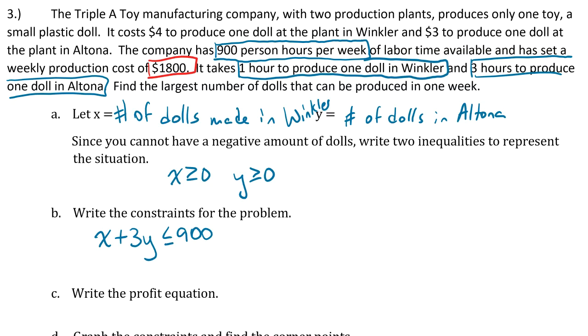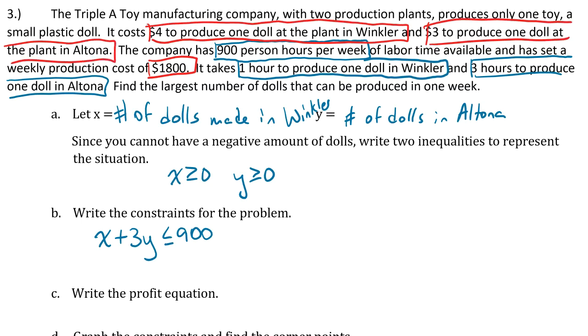Alright, so it costs $4 to produce one doll at the plant in Winkler and $3 to produce one doll at the plant in Altona. So it's $4 in Winkler, so 4X plus 3 in Altona, so 3Y is less than or equal to the $1,800 that's the production cost for the week.